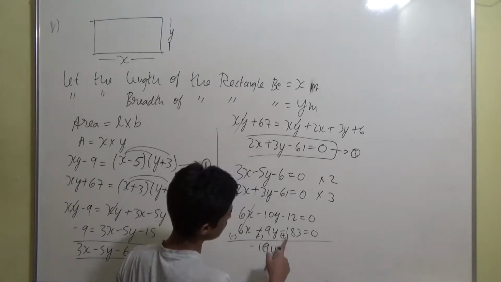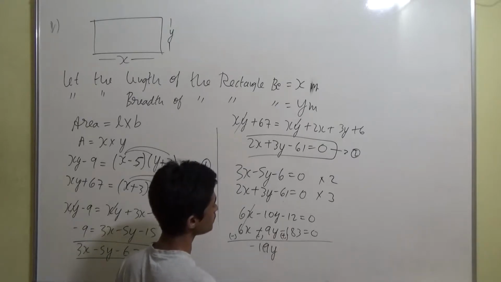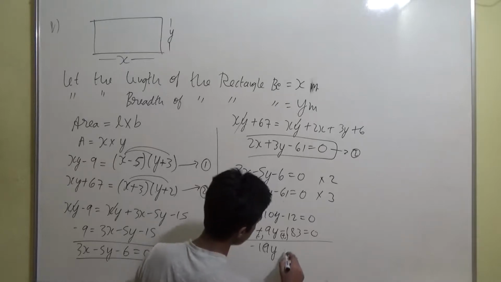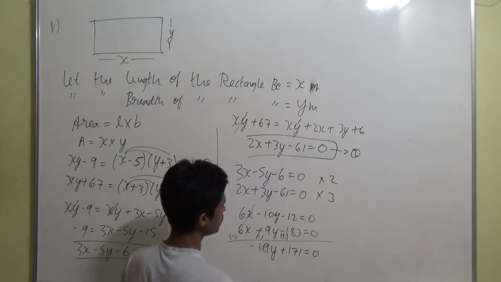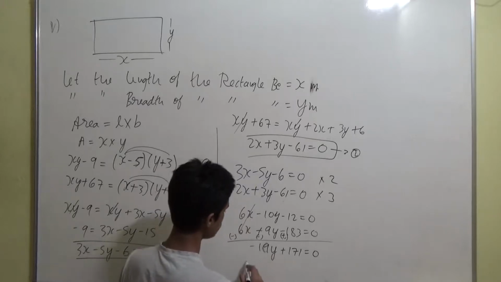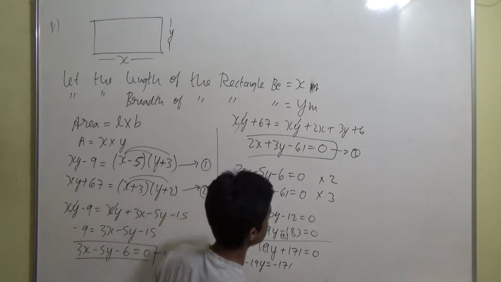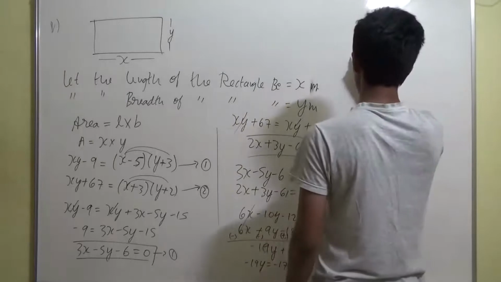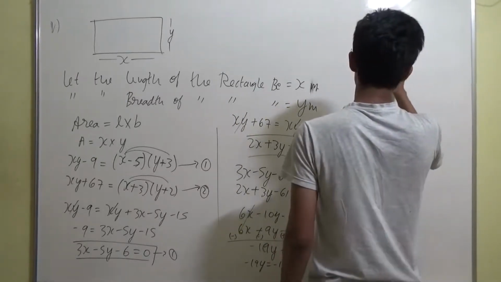Here it becomes 183 minus 12. It becomes equal to 161. No, 171, equal to 0. So minus 19y becomes equal to minus 171. So y becomes equal to, minus will get cancelled, 171 by 19.